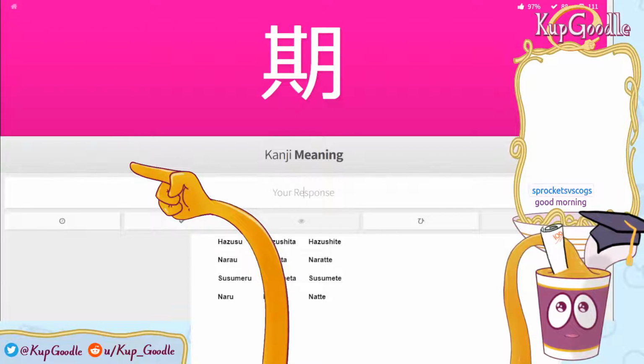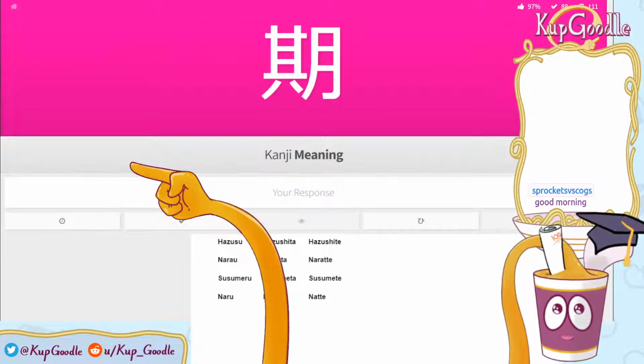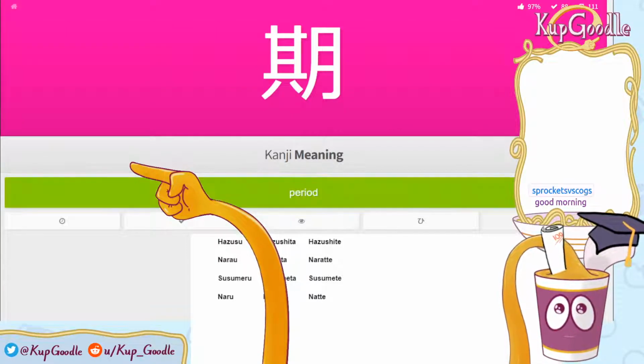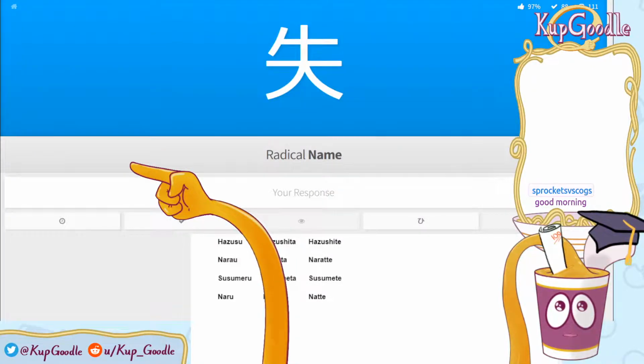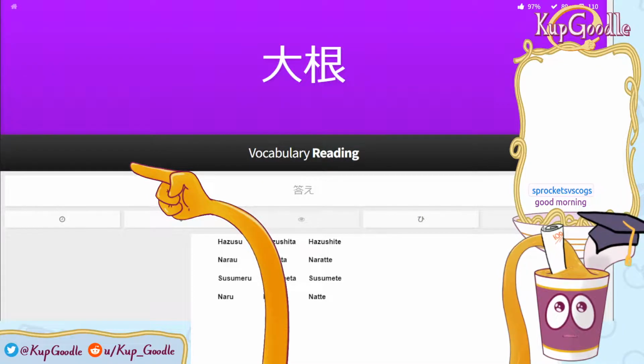And kanji meaning you got a crab key on the moon time era period. What do you mean that didn't make sense? Crab key on the moon time era period. A period of time. Radical name. This is like fault or something. Daikon.